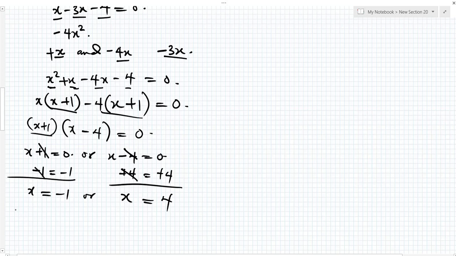So the value of x where the function has no image is at x equal to minus 1 and 4.